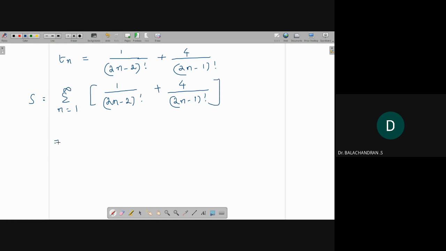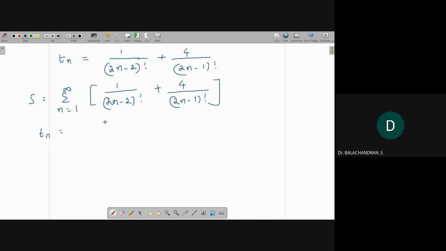So this is equal to, okay. So I think it is better to do by Tn.